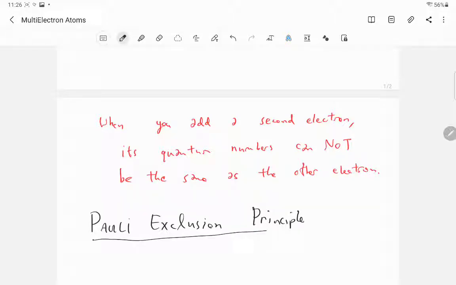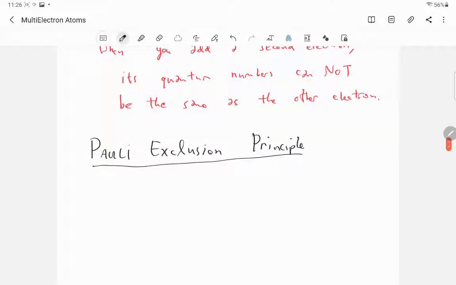One useful way to say what the Pauli Exclusion Principle says is: no two electrons in an atom, so we're talking about a single atom and picking two of its electrons, can have the same quantum numbers.